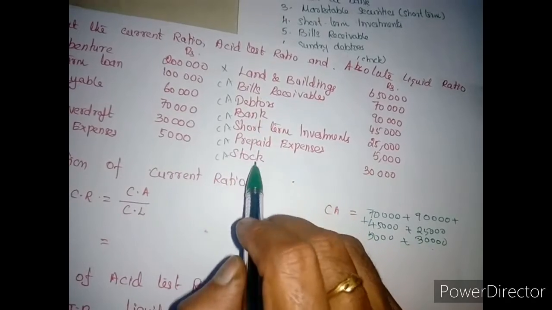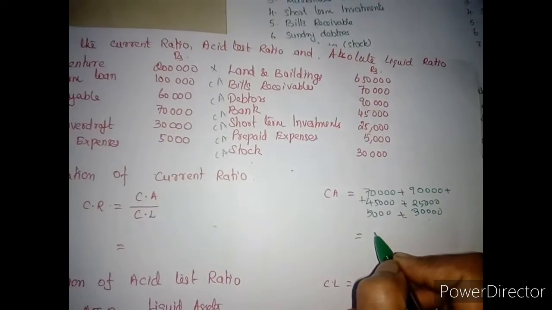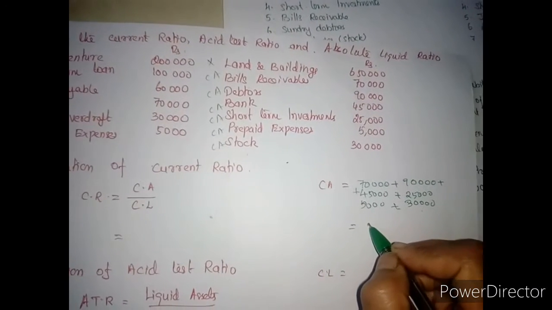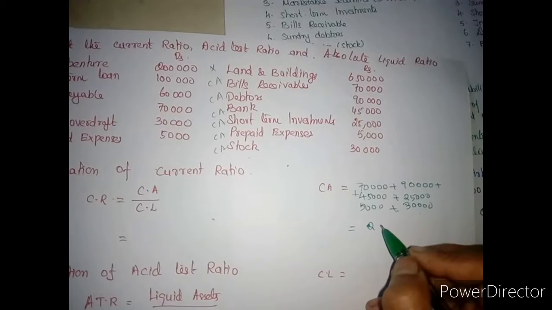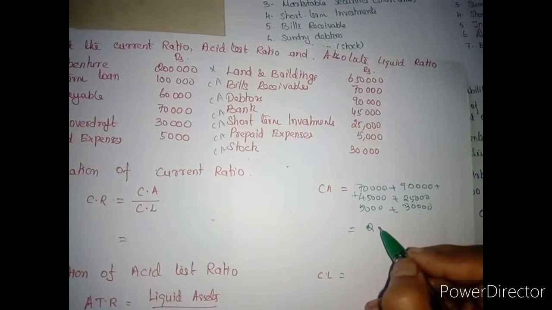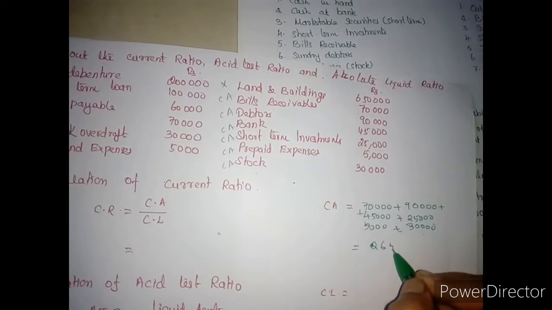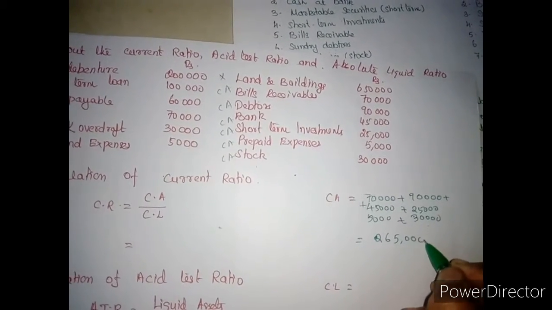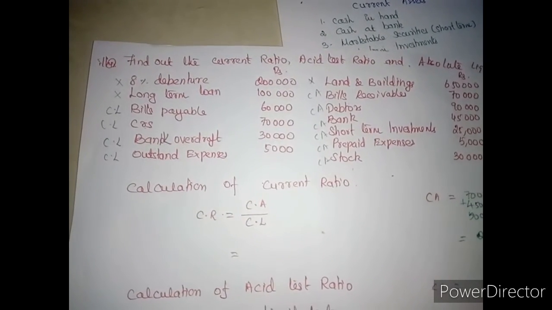So the total is 2,65,000. Now in the same way we have to calculate the current liabilities.